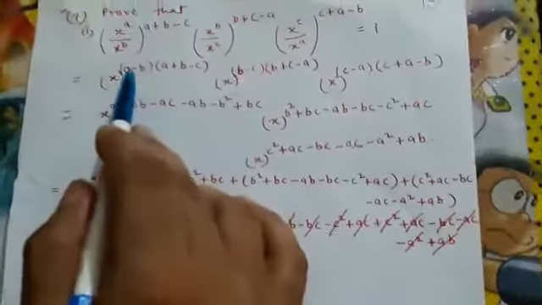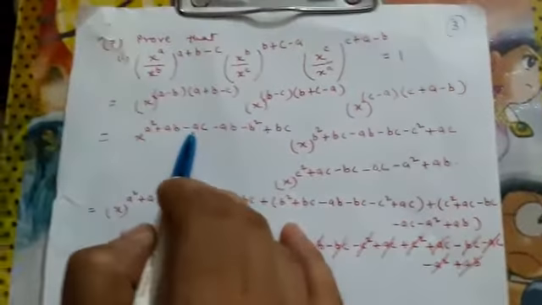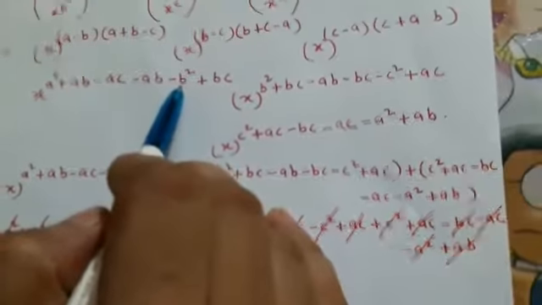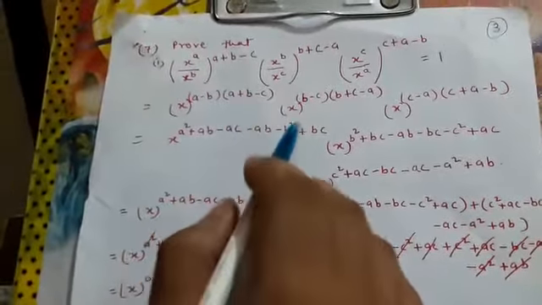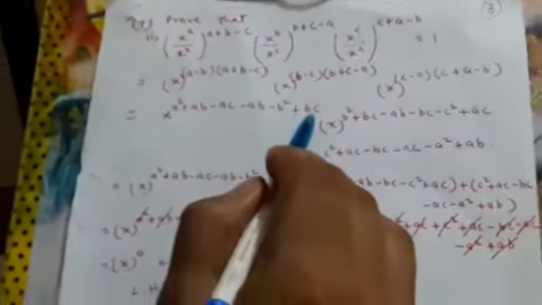So let us multiply: a into a square plus ab minus ac minus ab minus b square, minus b into plus b, it will be minus b square minus plus bc.